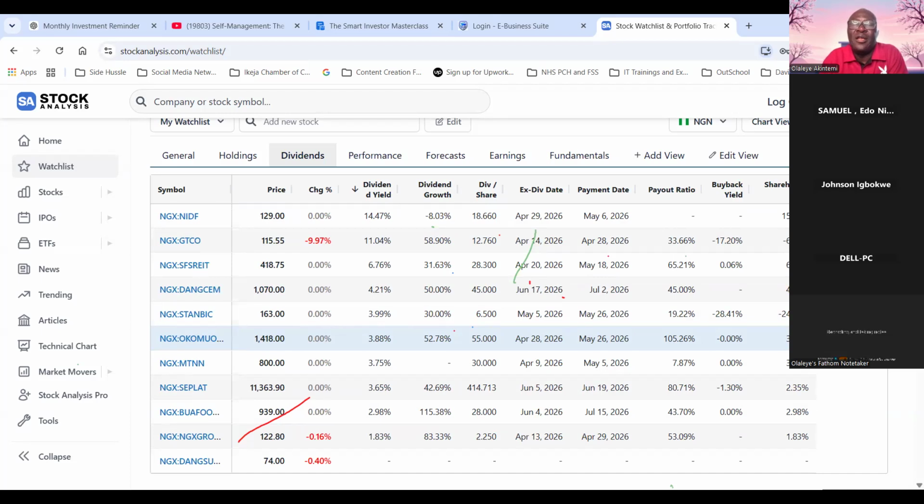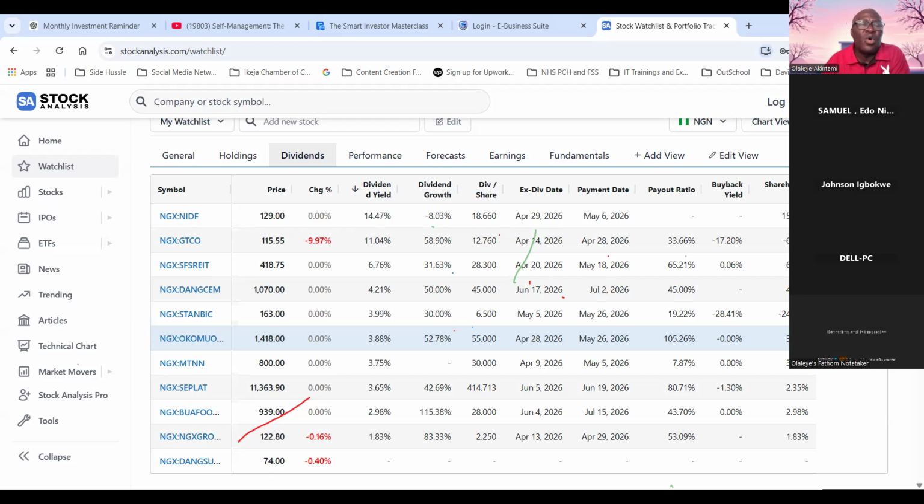But unfortunately, you may have low units in that particular stock.